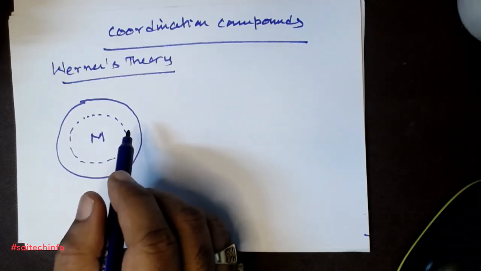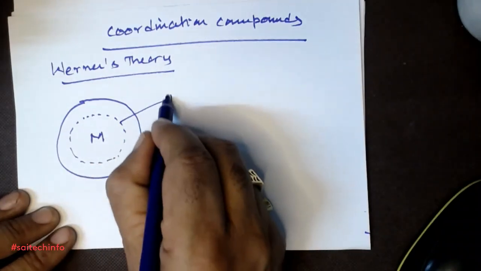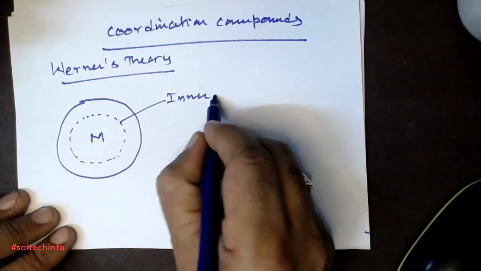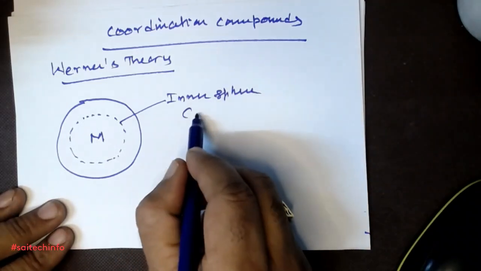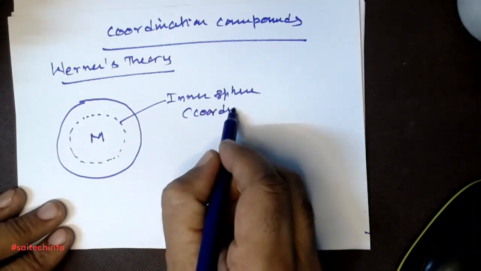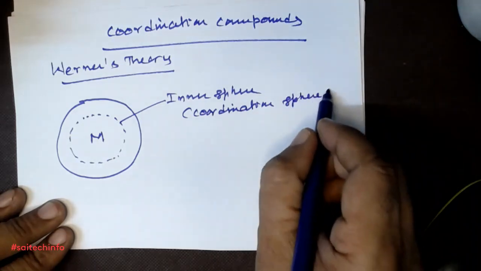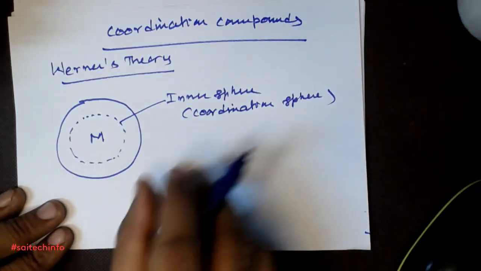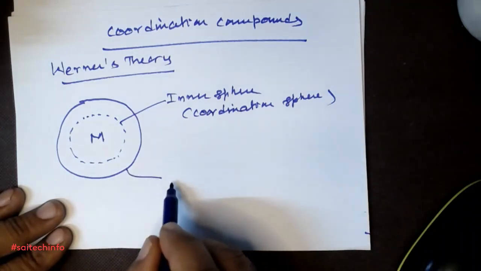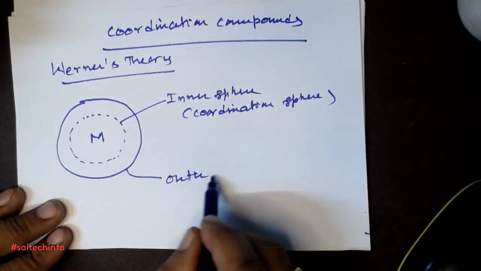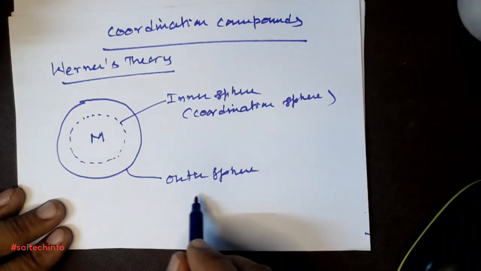The inner sphere is the coordination sphere, the dotted line. The inner sphere or coordination sphere is not ionizable so easily, whereas the outer sphere is ionizable.